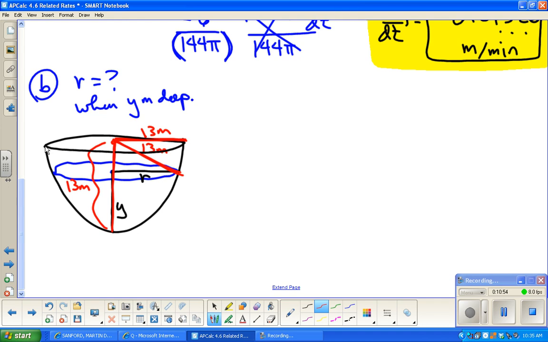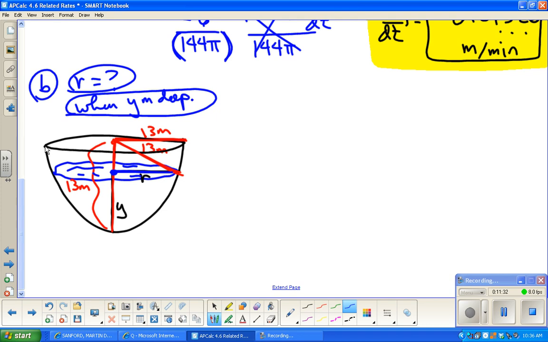Now, little r is what they're asking about, and little r is the radius of this circle of the water level. So I have the water level here, at a little different spot. And then the question is, how do I relate the y to the r? In part B it just says, what is the radius r of the water's surface when the water is y meters deep?